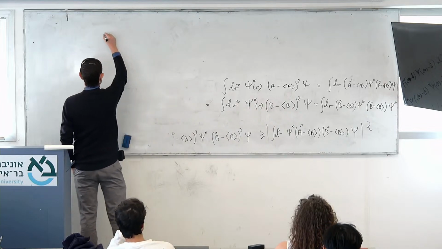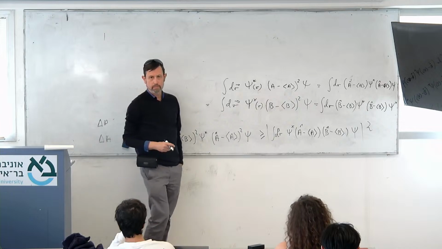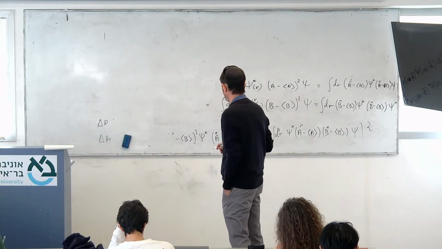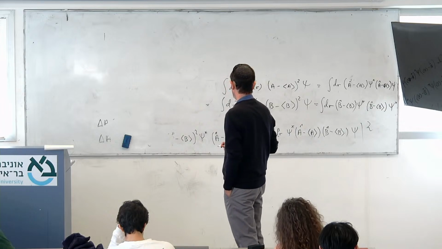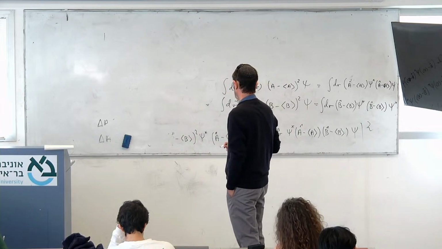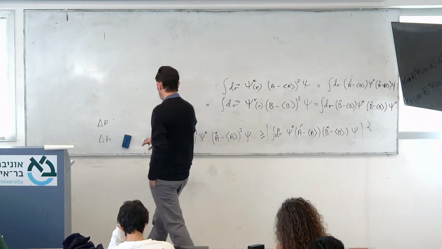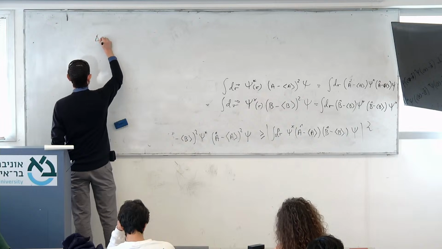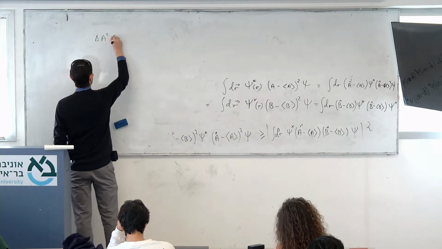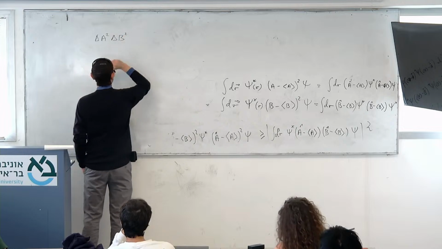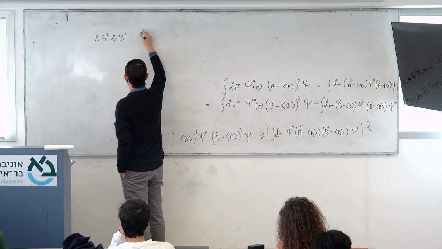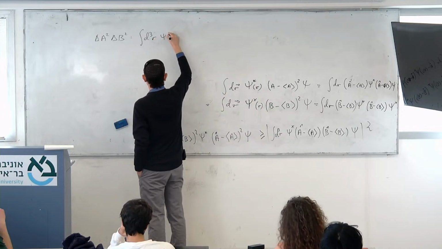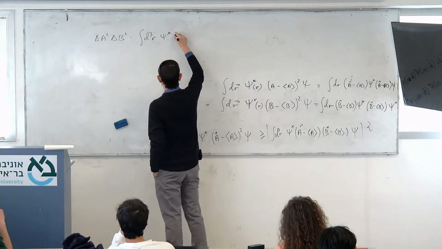Could you explain how you got to the delta A about A? Okay, let me write it again. I think I had a mistake here. Did someone notice? I'll write it down even simpler.